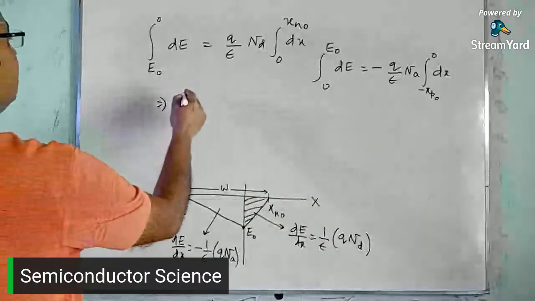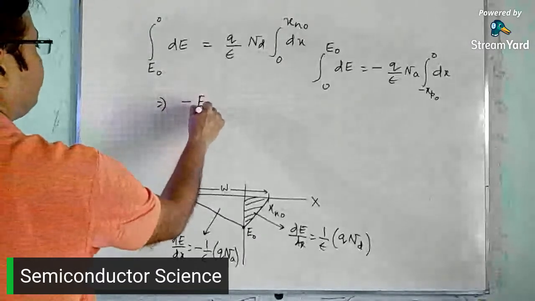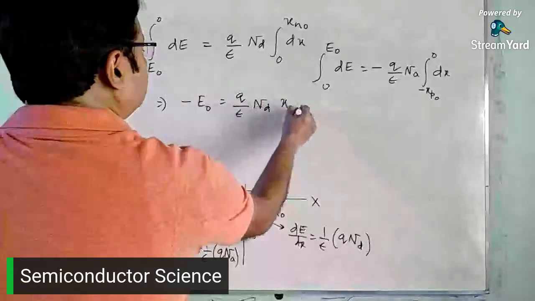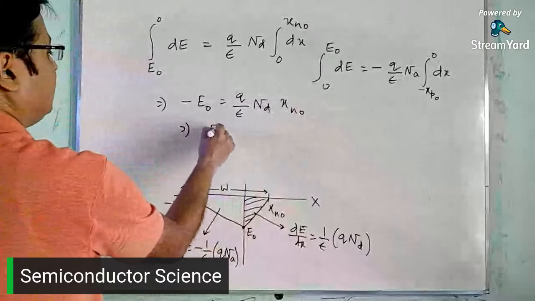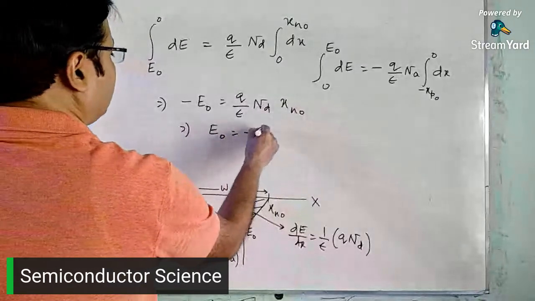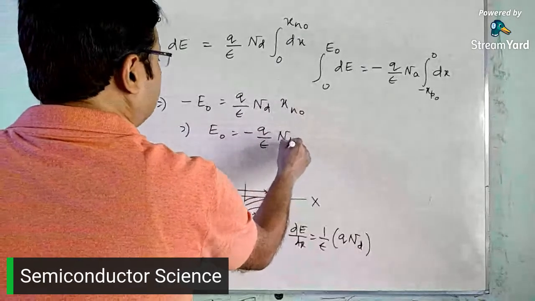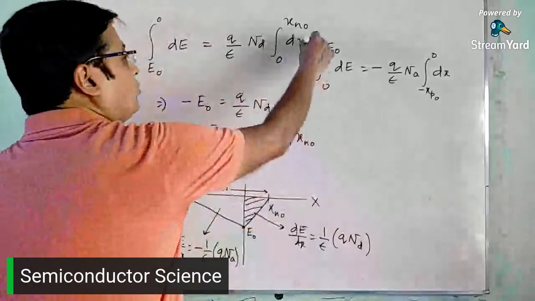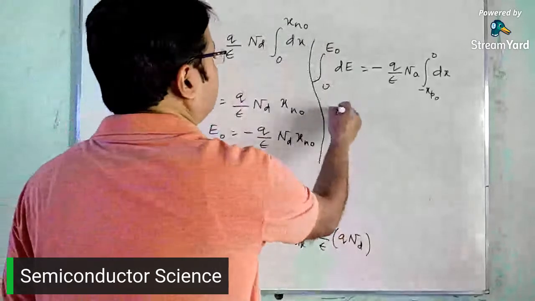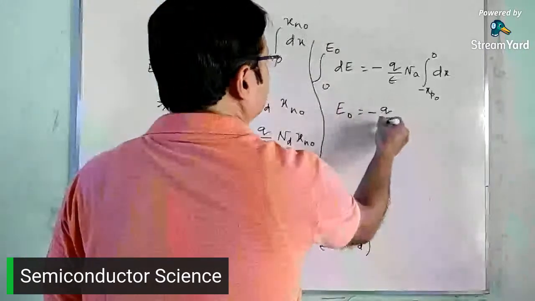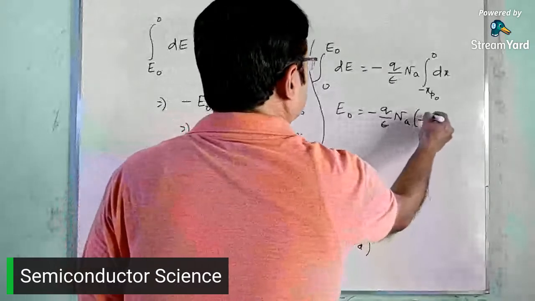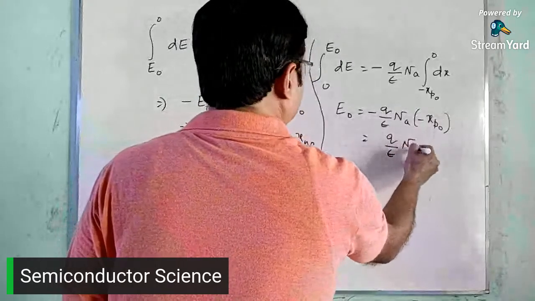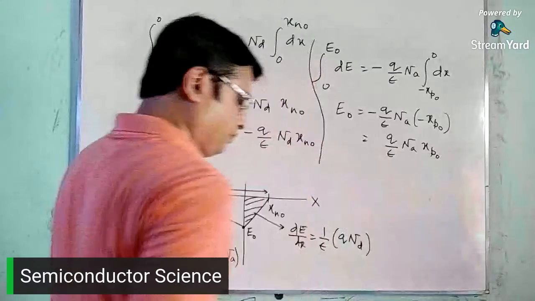Integrating this, minus E0 is q by epsilon Nd xn0, so E0, the maximum electric field, is minus q by epsilon Nd into xn0. Or if you integrate the other equation, you will find E0 equals minus q by epsilon Na into minus xp0, or q by epsilon Na into xp0.